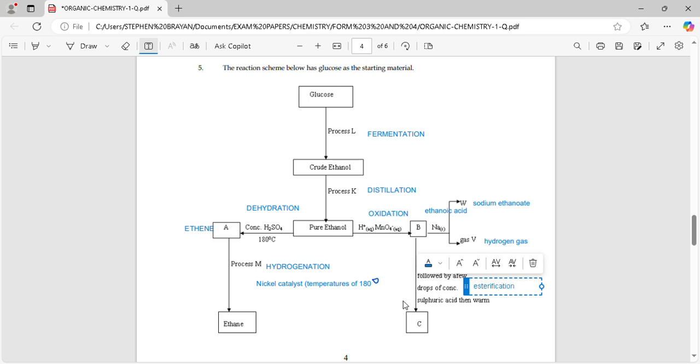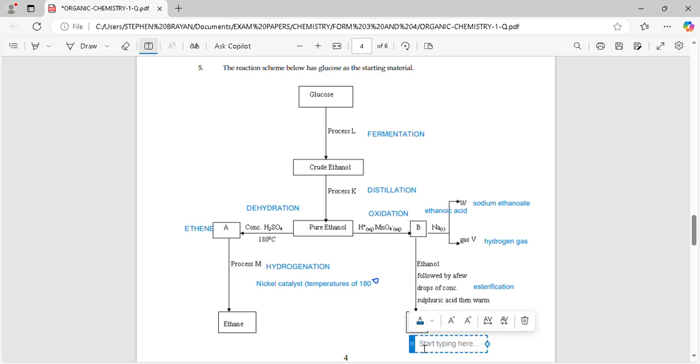Okay? Then when you perform esterification, that means the compound that you're going to form here is an ester. So if you have ethanoic acid and ethanol, the compound you are going to get here is called ethyl ethanoate. That is now the ester that you're going to form at this point.